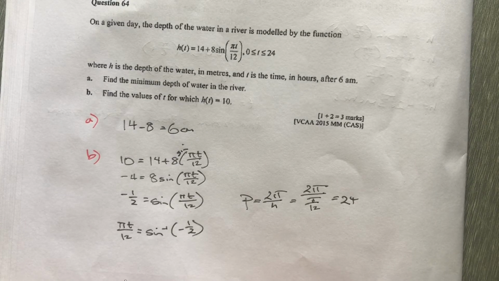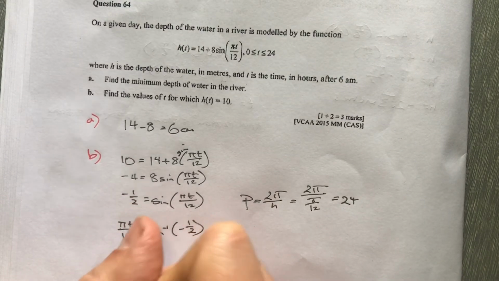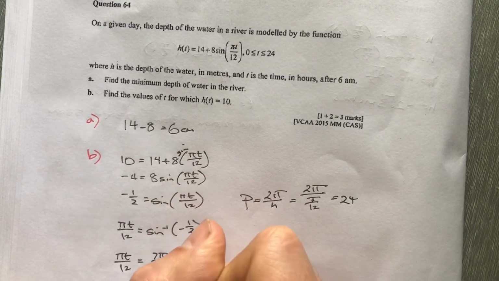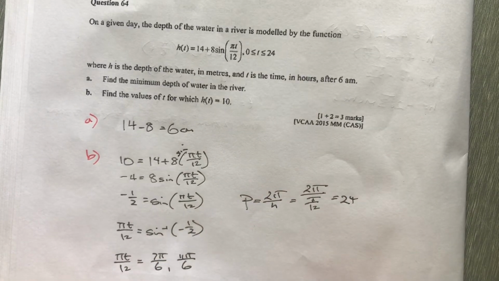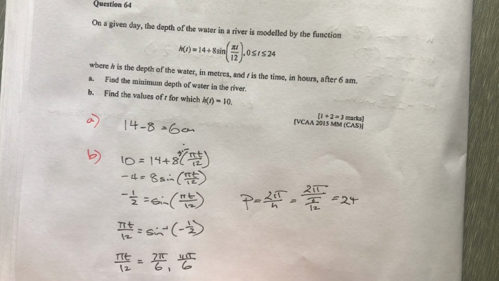Okay, so over 1 lap of the circle, the solutions to that are going to be, let's see, 7 pi on 6 and 11 pi on 6. Cool. Alright, now we just need to solve for t, because we've got all this other stuff as well.